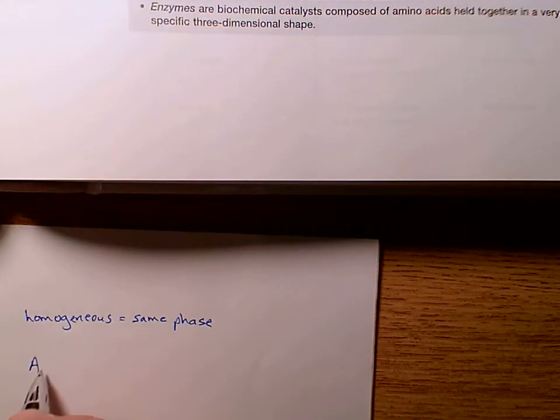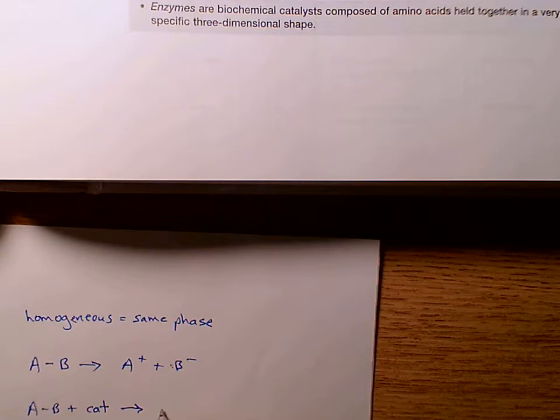Say you're going to have the reaction AB goes to A plus B minus. Perhaps that reaction doesn't go very quickly, so you add a catalyst. If it's a homogeneous catalyst, AB plus the catalyst would go to something like A catalyst plus B minus.